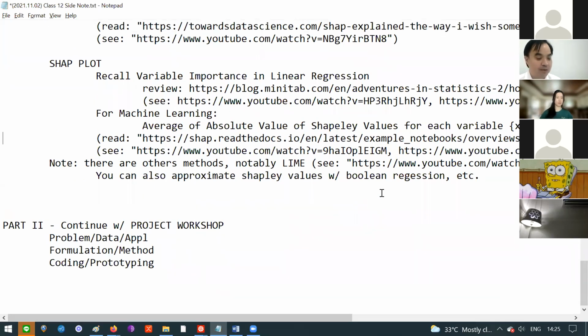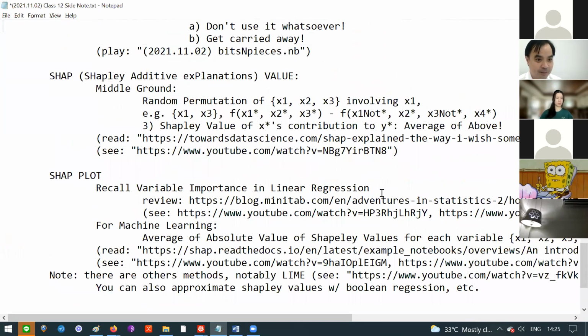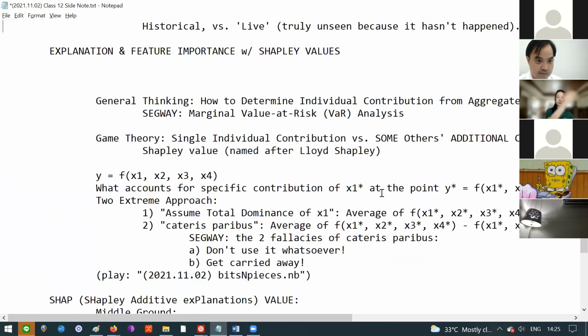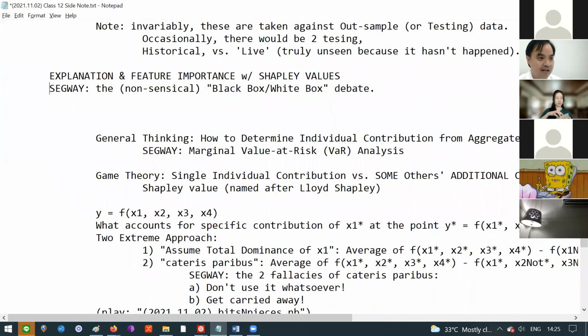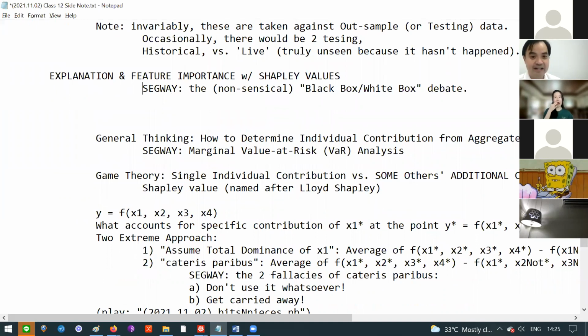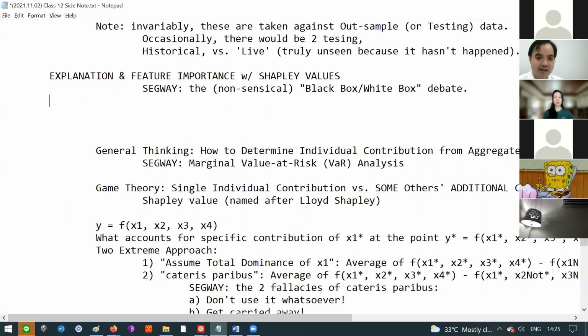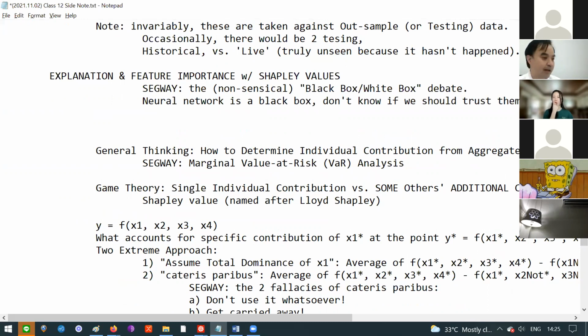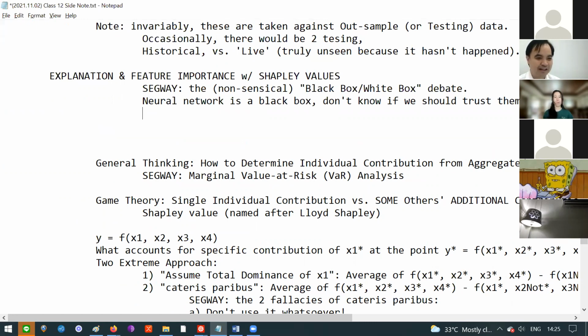we're talking about, and let me add a little segue here. I don't know if many of you have seen this kind of discussion between black box and white box, say neural network as a black box, and that we shouldn't trust them. It's one of those AI scare kind of things. This is rather silly.